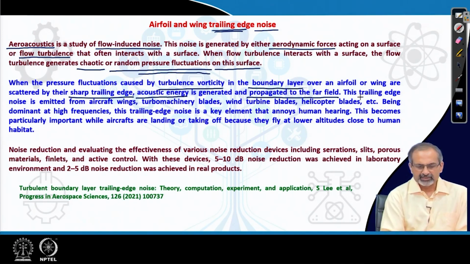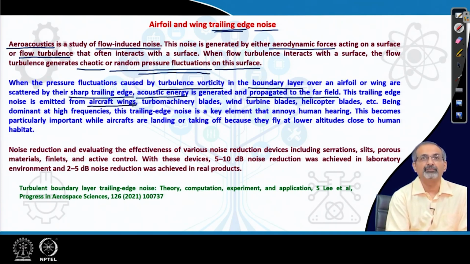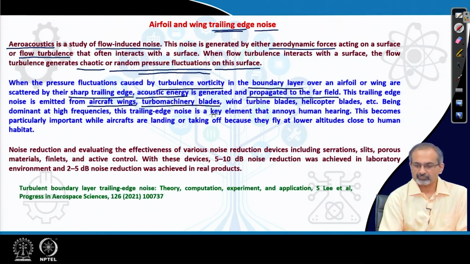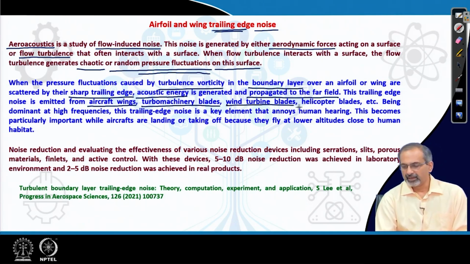So, this trailing edge noise is emitted from different kinds of aerodynamic surfaces like aircraft wings, turbomachinery blades like blades of turbines and compressors, wind turbine blades which often can be very large and are extremely important in today's perspective of renewable energy generation.